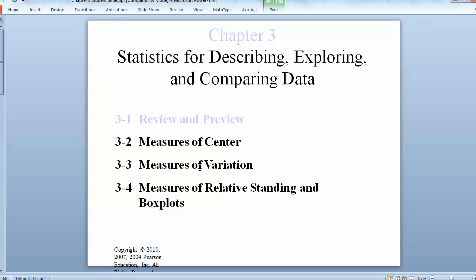Okay, then when we talked about the measures of variation, what we were talking about is the spread. How far the data spreads, how far it distributes out. And the standard deviation was a critical value to calculate to determine that. What it basically is, it's the measure of how far on average all the other pieces spread from the mean.